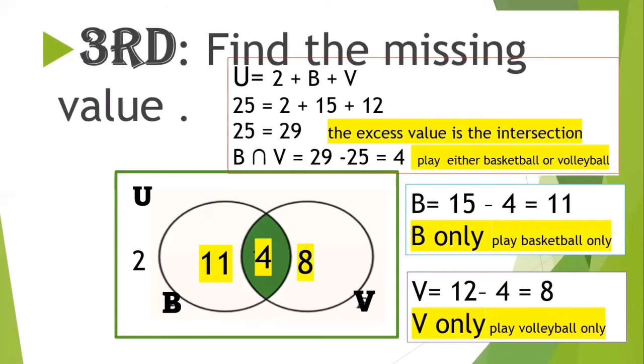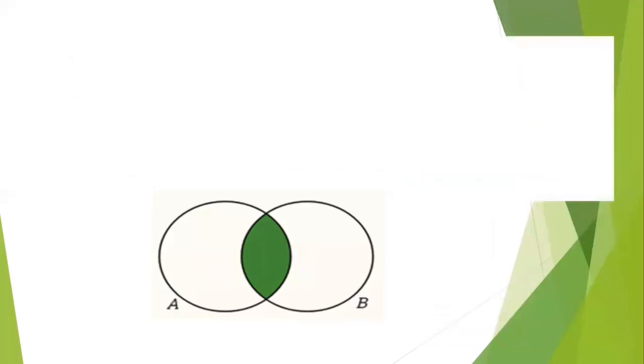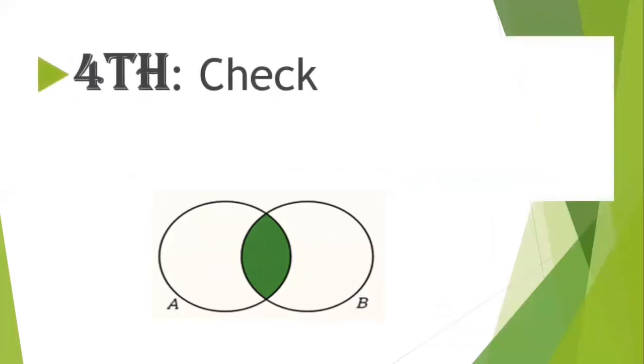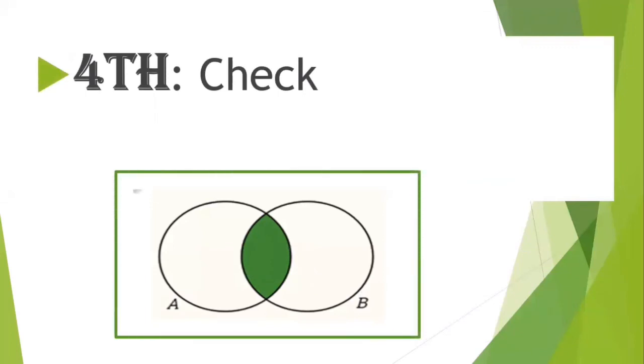Okay? Let us show it in a clearer way. Okay, this time we're going to check if 25 na siya. Kasi di ba kanina 29. So we're going to check if it is 25. We have the universal set, the two subsets, the B and the V. Now we're going to add all these numbers kung mag-equal na siya sa 25.